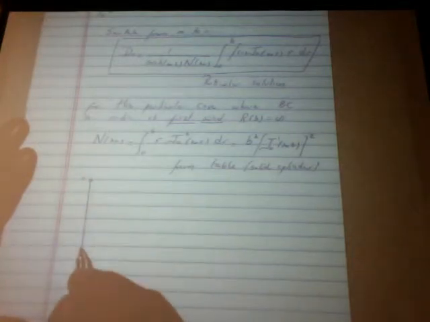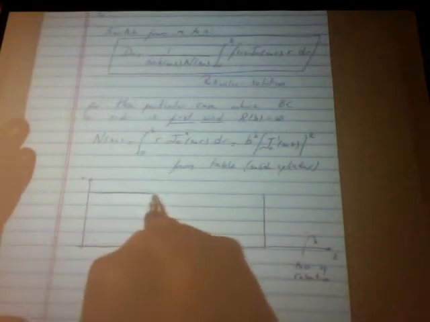So essentially the solution can be visualized as a 2D problem like this, where R can be shown in that direction, Z can be shown in this direction as the axis of rotation, and the geometry is simply a rectangle that goes from 0 to L and from 0 to b.